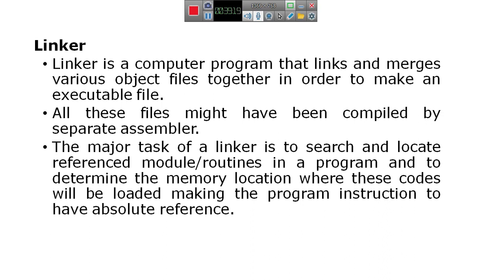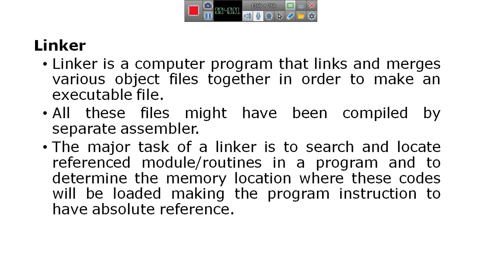The major task of a linker is to search and locate referenced modules or routines in a program and to determine the memory location where these codes will be loaded, making the program instructions have absolute reference. In a simple way, the linker combines object code and library code into executable code.